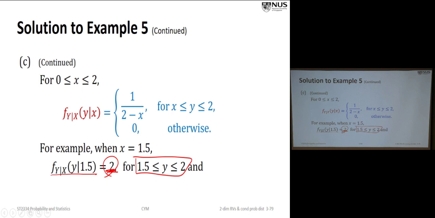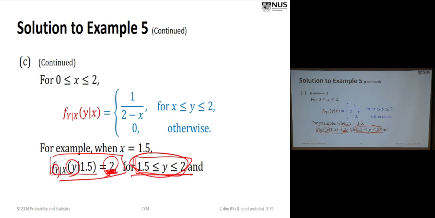Is this a uniform distribution? Uniform means that so long as the random variable, in this case y, takes values within the specified region, which is y between 1.5 and 2, does it depend on y?